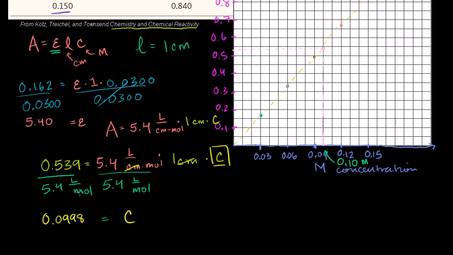And then if you're dividing by liters per mole, that's the same thing as moles per liter. So we were able to get a much more exact answer by actually just going through the math. But this is pretty darn close. This exact answer is pretty darn close to what we estimated just by eyeballing it off the chart. 0.1 is only a little bit more than 0.0998. Anyway, hopefully you enjoyed that.